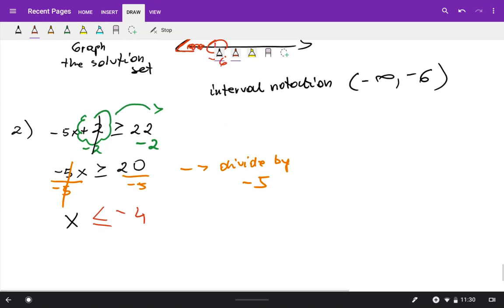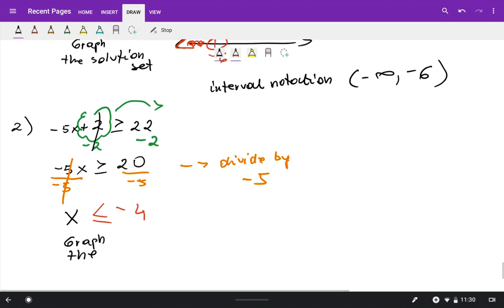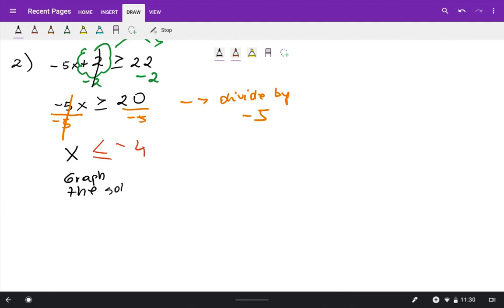Okay, so we have it. Now we're going to graph the solution set. On the number line, we're putting negative 4. Since we have an equal sign, I'm going to keep it a closed circle. The direction of the inequality matches the direction of the number line, so I'm shading everything to the left.